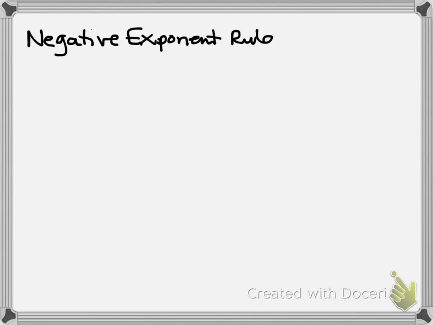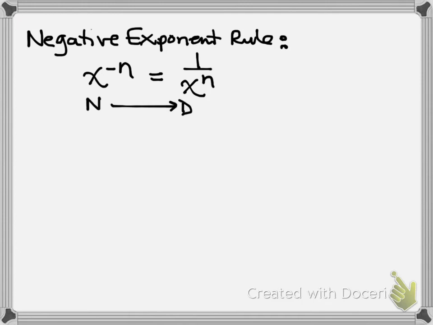So let's rewrite the negative exponent rule in algebra. It says this. If I have x to the negative nth power, it becomes 1 over x to the positive nth power. So all I shifted was from a numerator to a denominator.